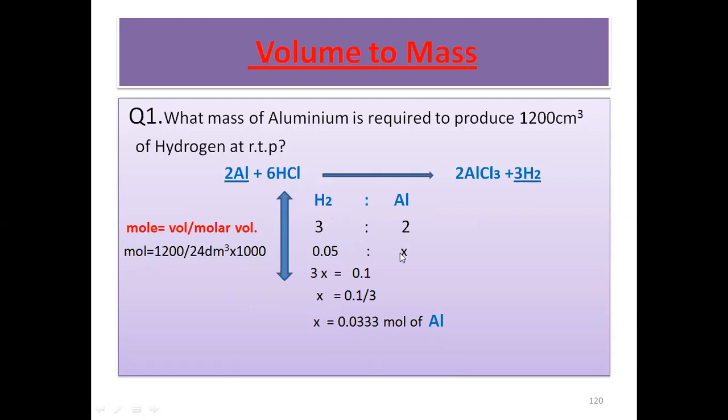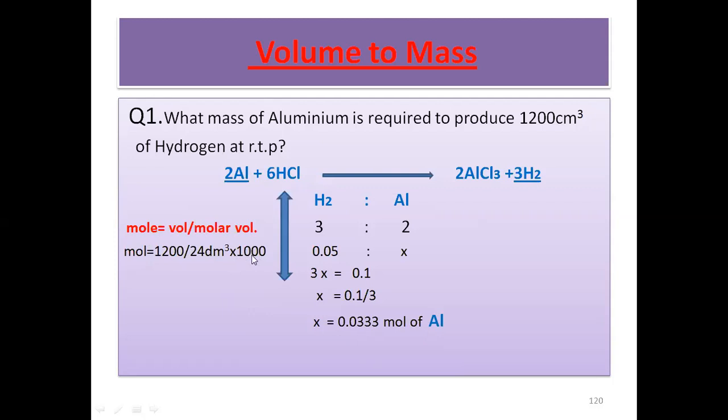Again, in the second step, there is x mole of aluminium because the mass of aluminium is to be found, so its moles will be x. And the moles of hydrogen we will find from the given volume of hydrogen. The given volume is 1200 centimeter cube, and the formula used is mole equals given volume divided by molar volume. 1200 centimeter cube divided by 24 decimeter cube multiplied by 1000.